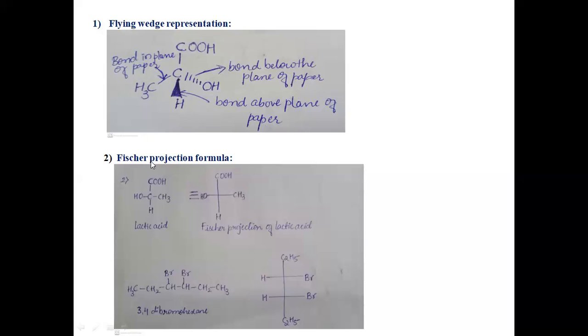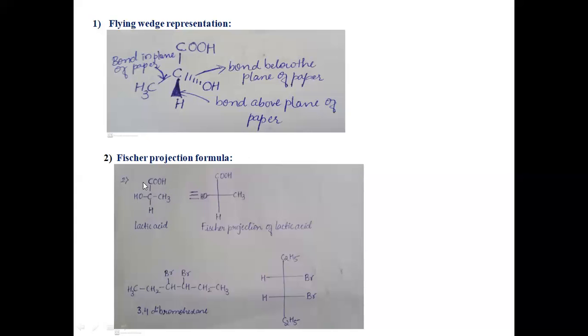Second, we have the Fischer projection formula. Here in this Fischer projection formula, we are using a cross line to represent the molecule. See here, I am taking the example of lactic acid. Here there is a chiral carbon atom at the center.